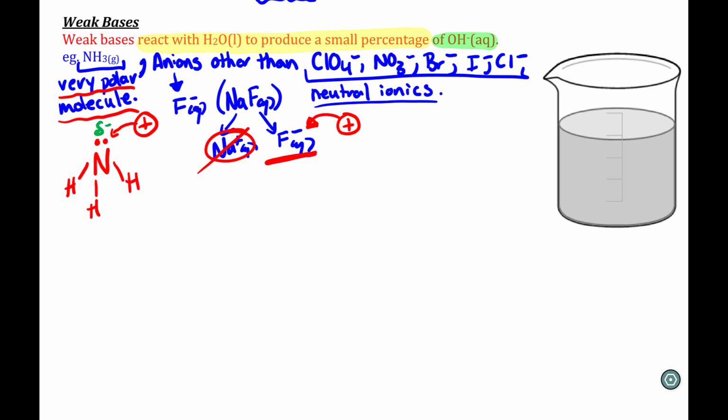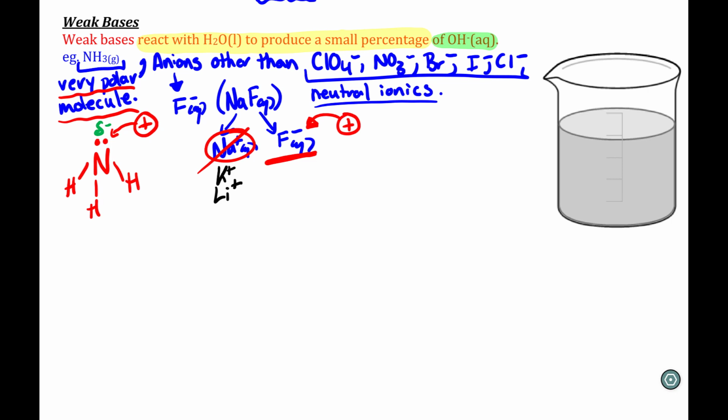So I'm going to write two reactions out, one for NaF and then one for ammonia, just to reinforce how this works. So again, if I said write the reaction of NaF with water to produce hydroxide, I would drop the Na. Most of the time, this metal here is going to be Na plus or K plus or Li plus, because they're super high solubility group 1 metal ions, and they're inert.